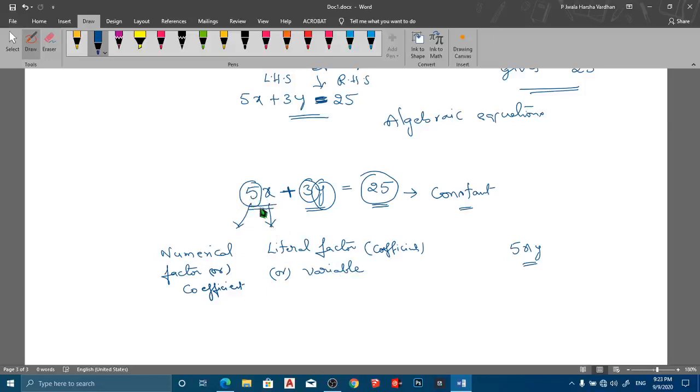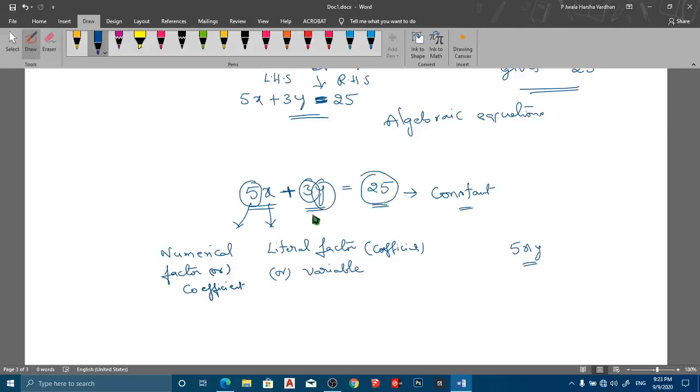These numerical factors are also called as the constant factors because we cannot change the value of this constant factor. But X and Y, you can apply any value in place of X and Y. That's why these factors are also called as the variables. Okay. And here this is purely constant term. You cannot change this, it is a constant term.